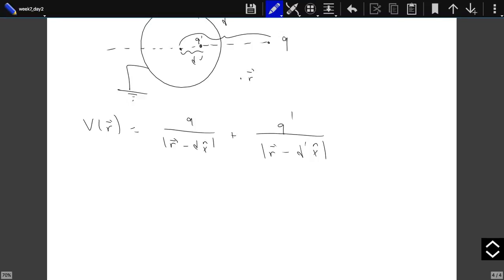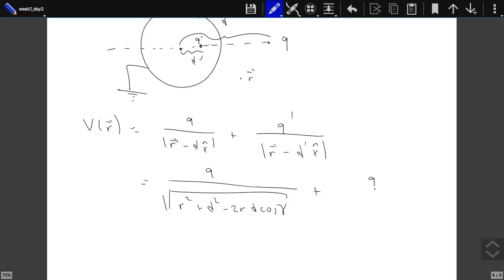And just by taking the square and then the square root, you can write this in the form q over square root of r squared plus d squared minus 2rd cosine gamma plus q prime over square root of r squared plus d prime squared minus 2rd prime cosine gamma.